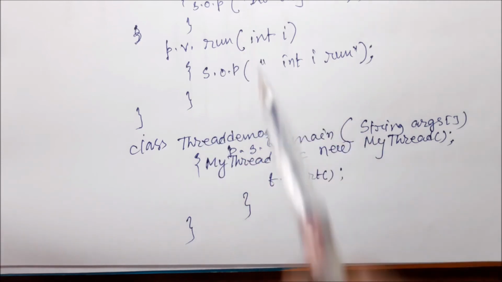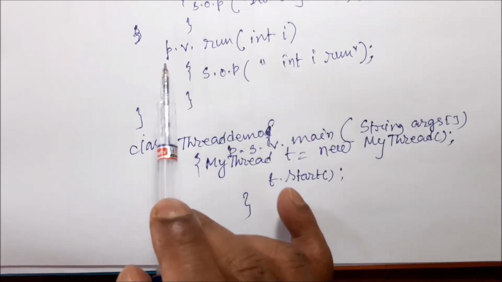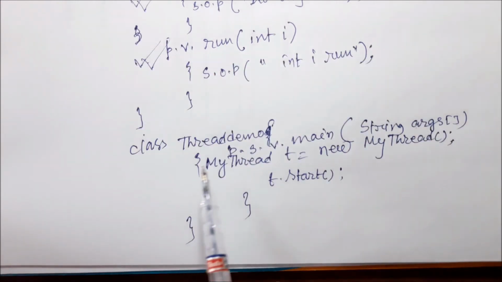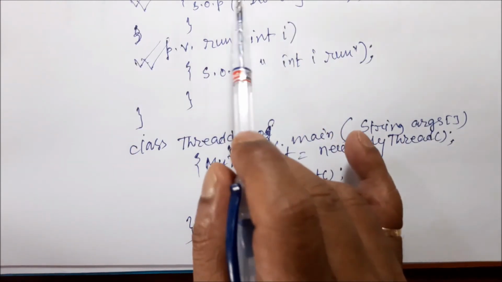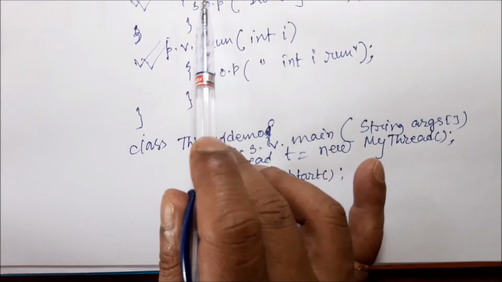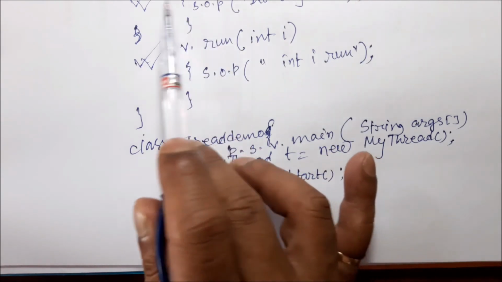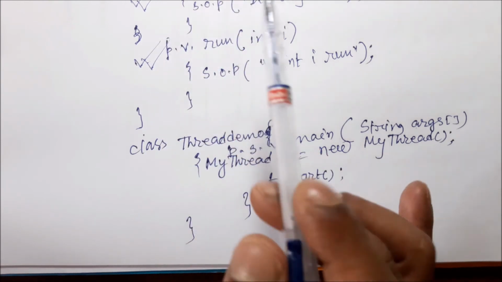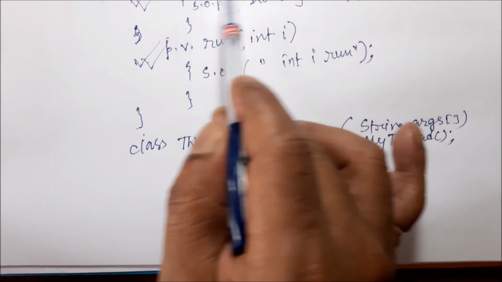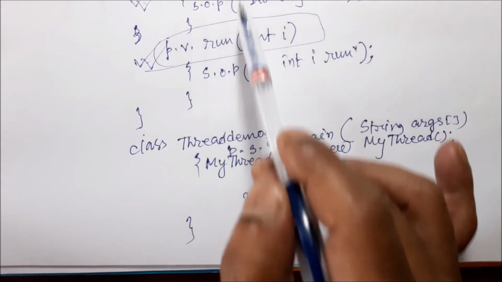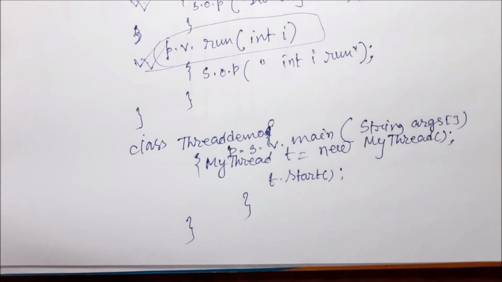So, which method will be called, whether it will be this method or this method. In this example I have just overridden the run method of the Thread class, but is overloading possible or not? Look at this. We have written two methods, one is the public void no-argument method, and we have given another method with an argument. That process we know is called overloading.